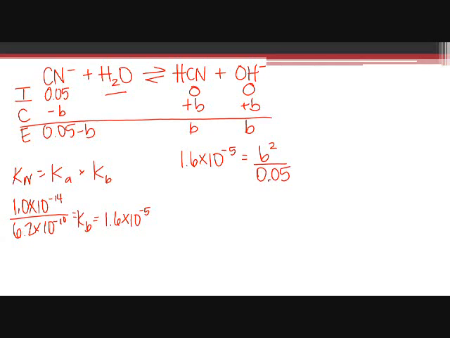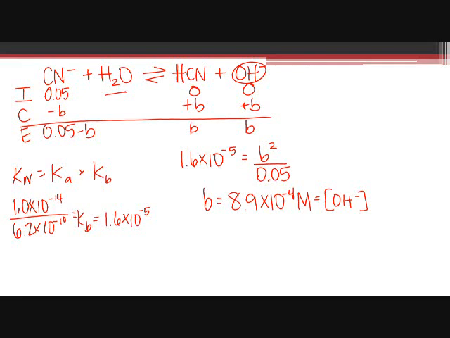So then now, when you solve for B, B is 8.9 times 10 to the negative 4, which that B value is the hydroxide concentration. All right, so we're almost to pH. We're almost to the end. I know it's been a while.